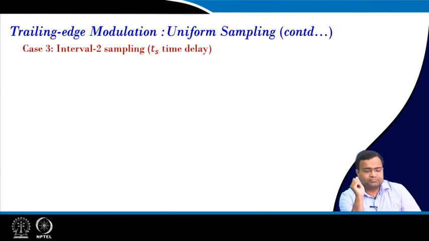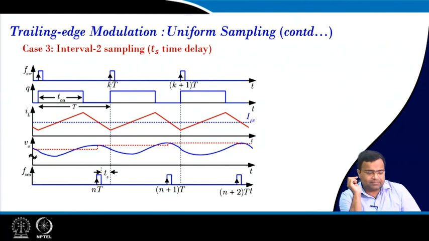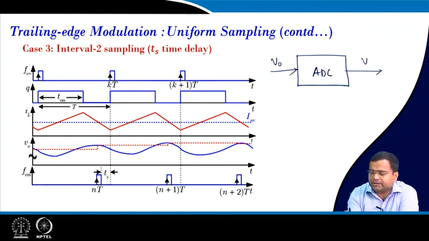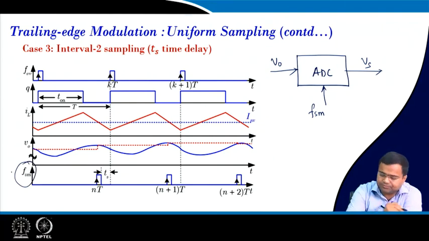Next, as I said, the delay, that means if you consider a simple ADC, A to D converter, which is my V0 and this is my V sample and this is my sampling clock. You can see here as if we are providing the sampling clock here.